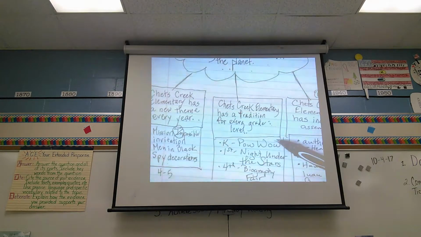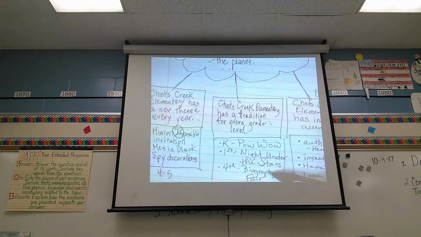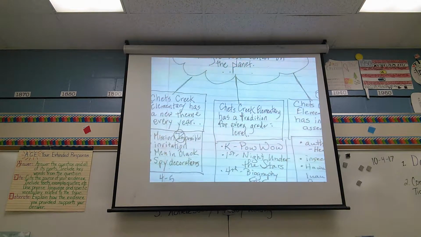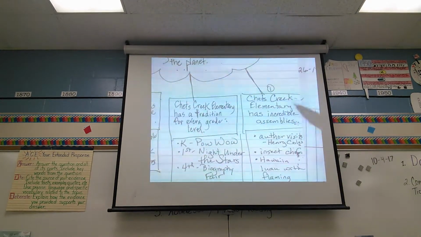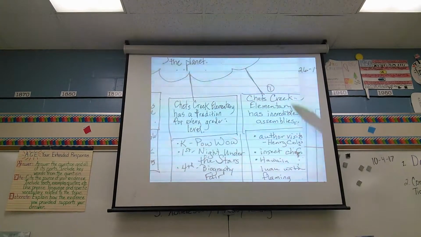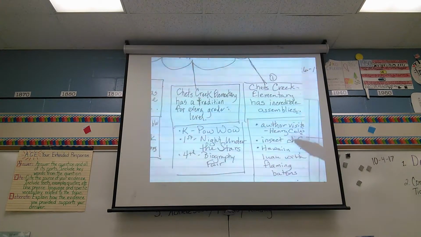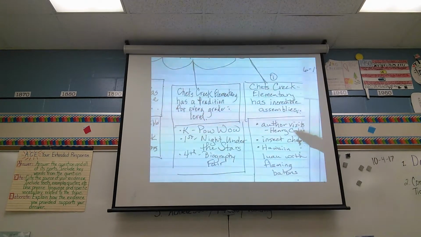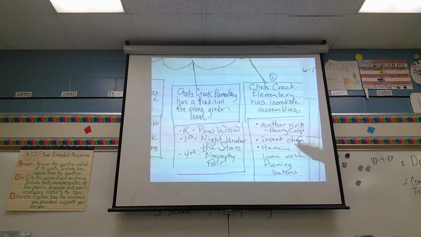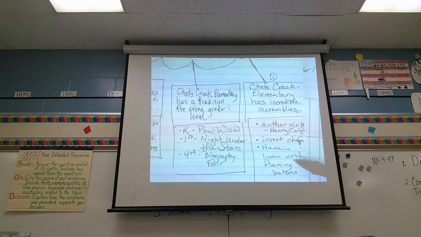Our bullets are the details we wanted to talk about. Okay, I'm going to model later on this body paragraph here about the incredible assemblies, and you'll notice that I talked about an author visit with Henry Cole, an insect chef. I also have the Hawaiian luau with flaming batons.